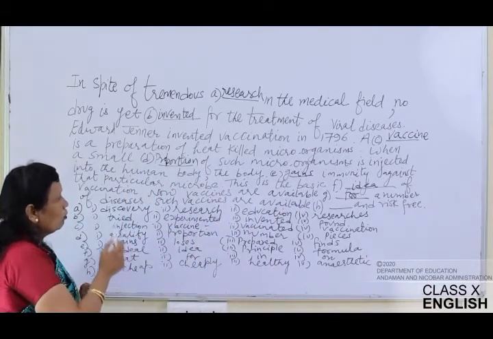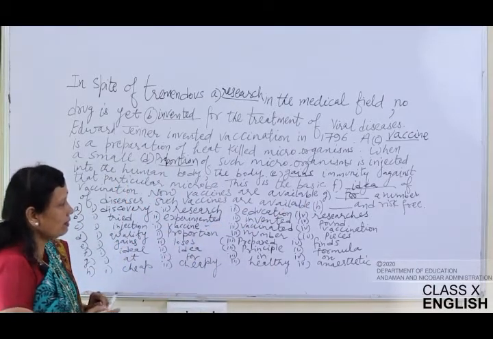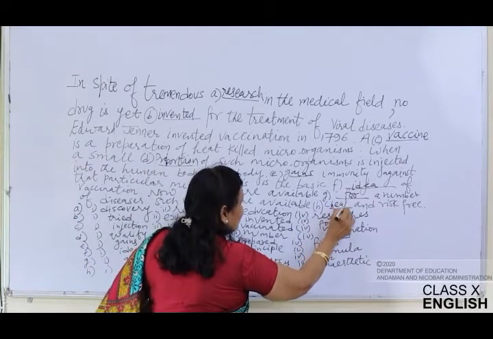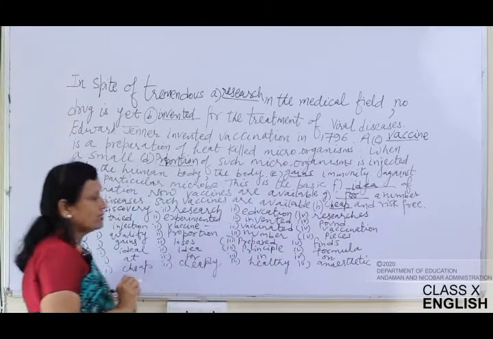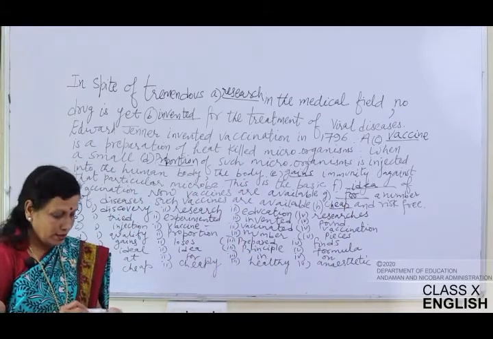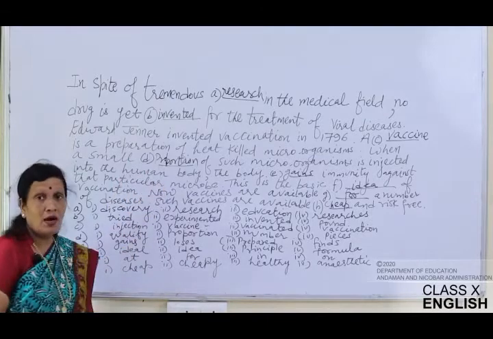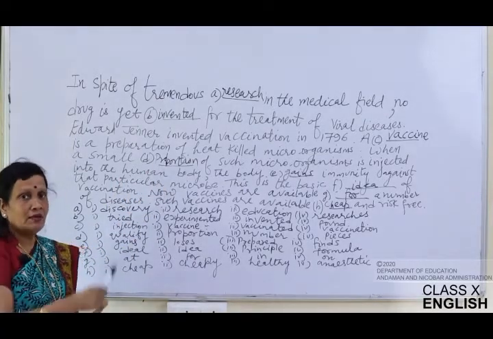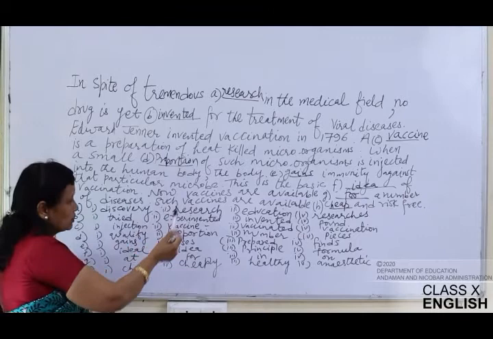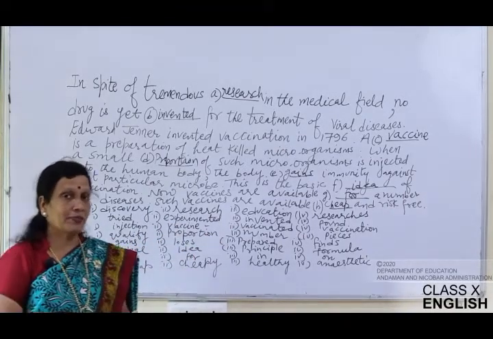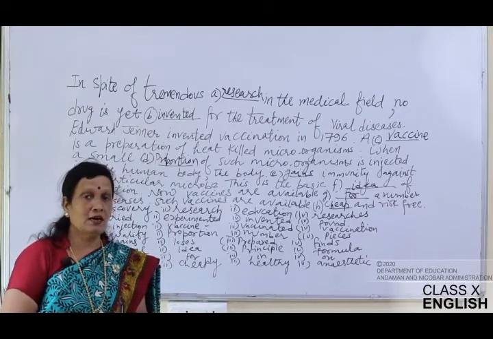So vaccines are available cheap and they are also risk free. I hope you have understood how we are going to solve the passage which has a lot of words and is related to testing our vocabulary.